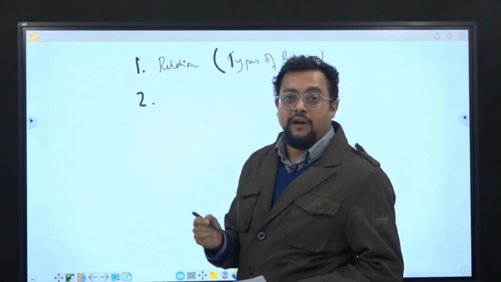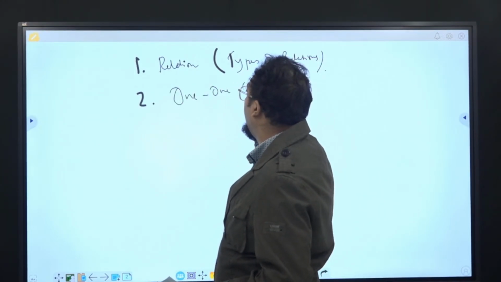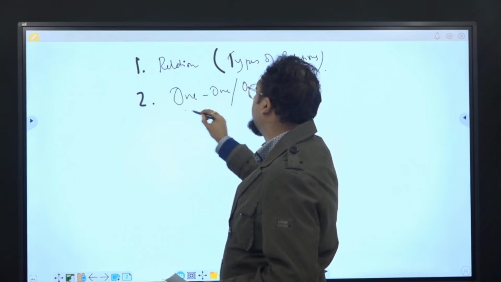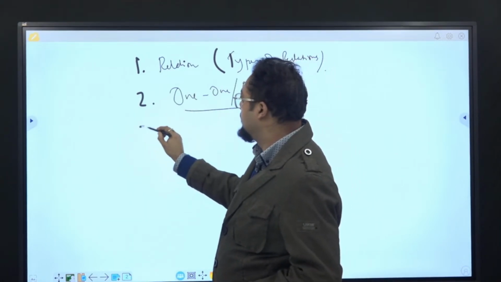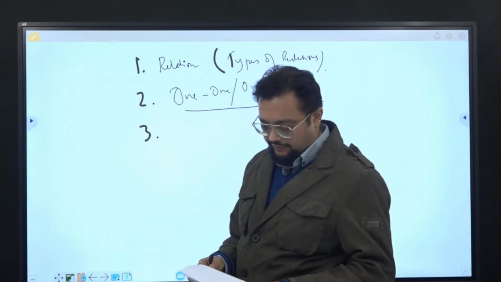Again, in functions, they have asked whether it was one-one or onto or many-one or into functions. We did not get any details of the problems, so we can't discuss anything further on that.